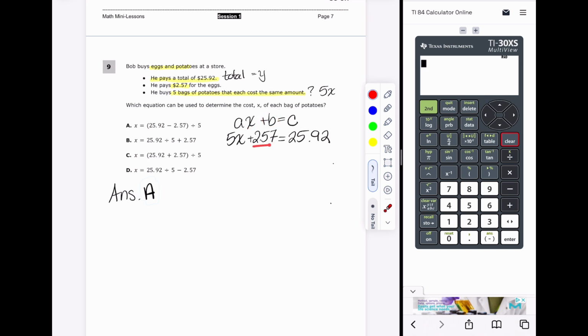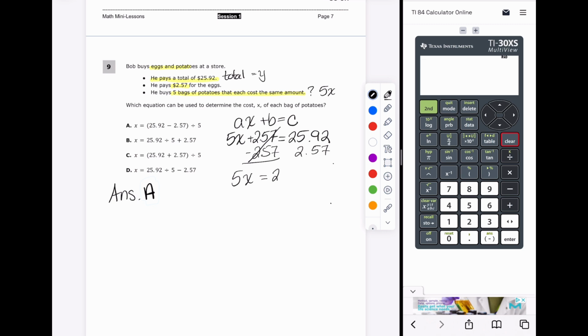I want to take this out from this side, and I want to take it out from this side. So that means we're going to take $2.57 away from both sides. So I will subtract $2.57 here, and I will subtract $2.57 here. And I want that because this is going to create a 0 pair on this side and only leave me with 5x.